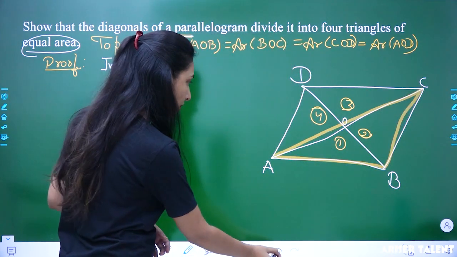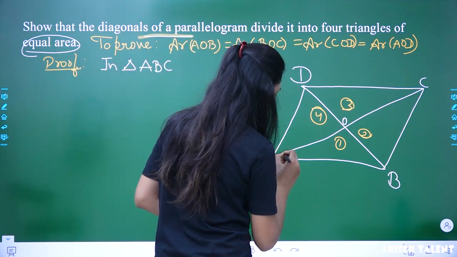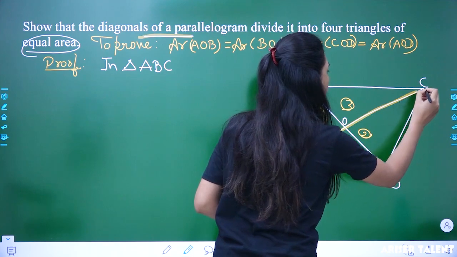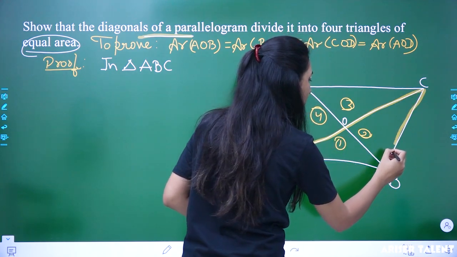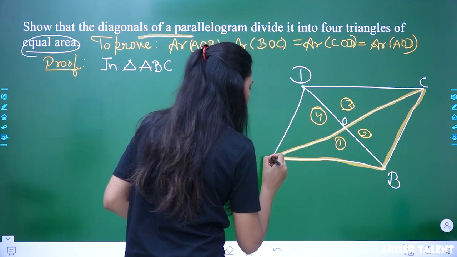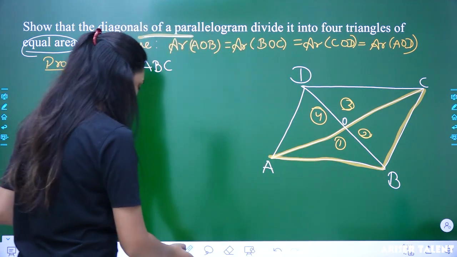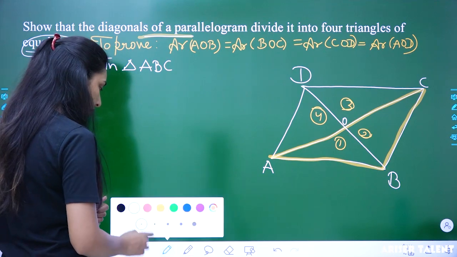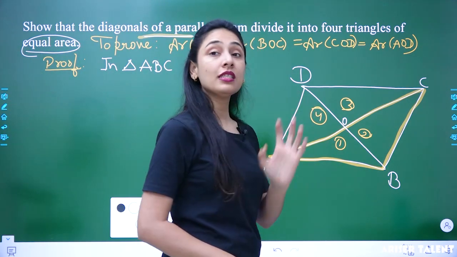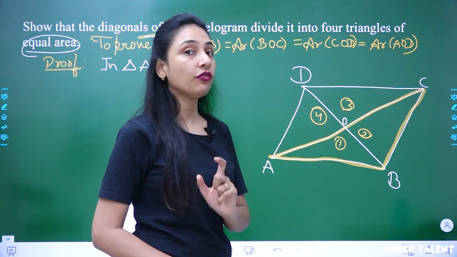This is the triangle we are talking about. Now in this triangle, what's happening? CA and DB are the diagonals of the parallelogram.